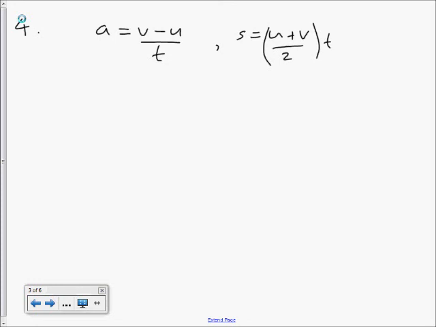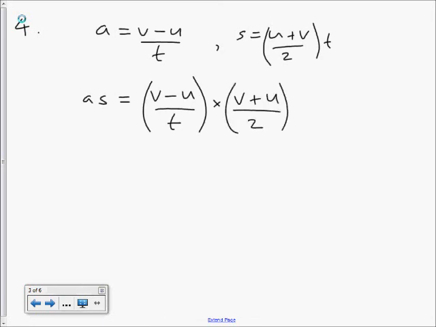And we're just going to randomly, you could almost say, choose to multiply a times s. If we multiply a times s on the left-hand side, on the right-hand side, (v minus u) over t, multiplied by (u plus v). I'm going to make a slight change immediately, (v plus u) over t, just swapping the v and the u over for a reason, times t.